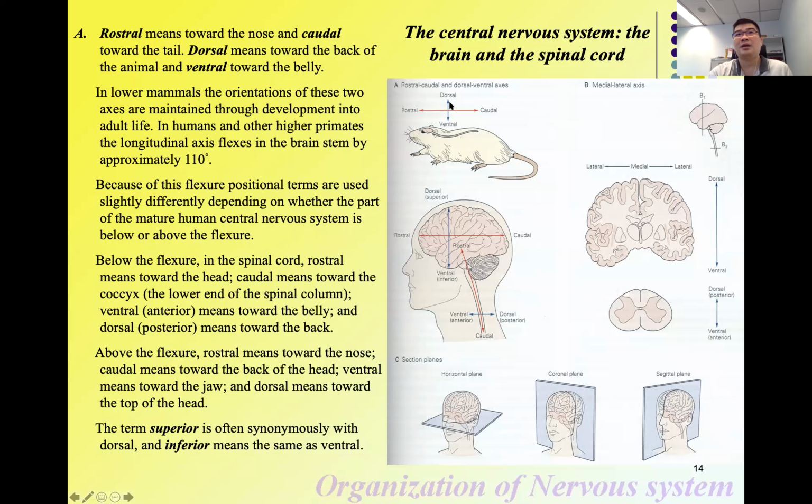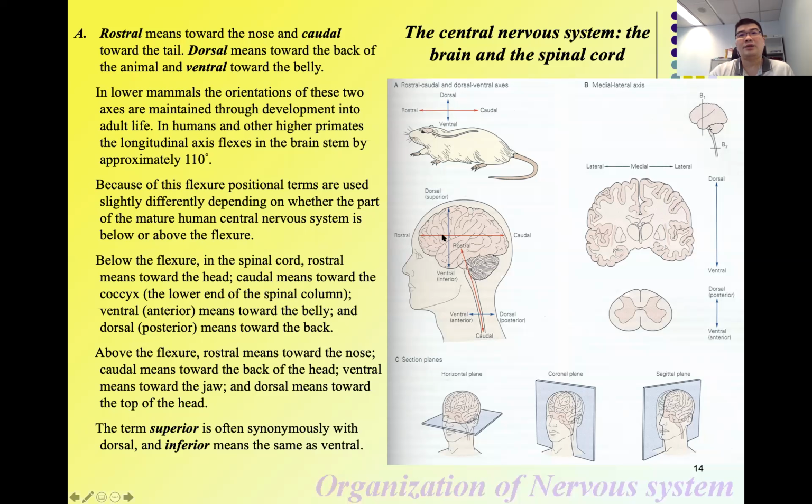Ventral means the one facing the tummy, the belly. Rostral means the front. Caudal means the back. So later, when we talk about, for example, the dorsal root ganglion and the ventral nerve, you'll see why they are called that way.